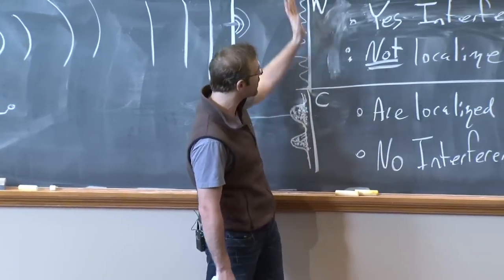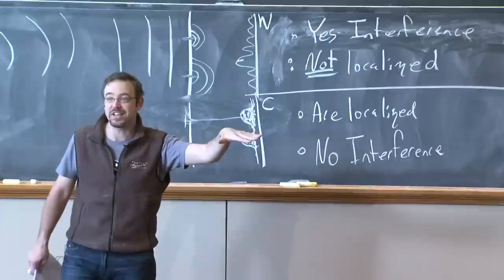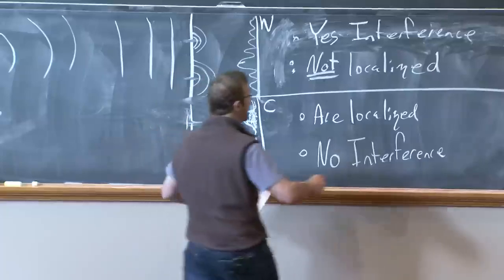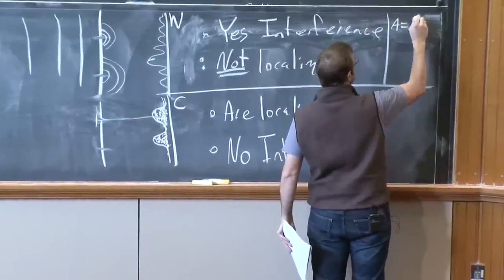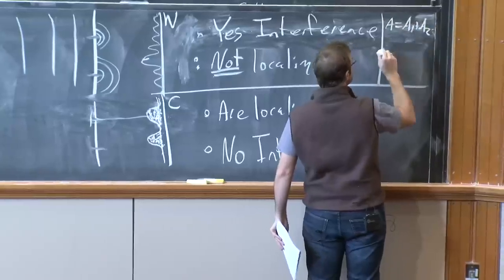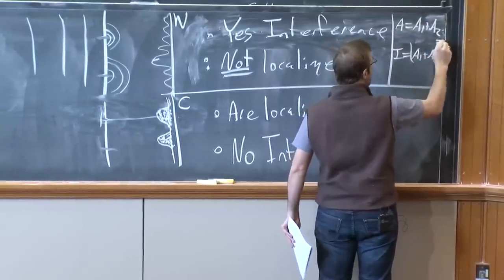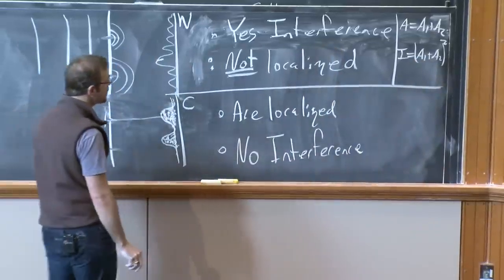It hits the screen over its entire extent, and as a consequence, we get interference. The amplitudes add. The intensity is the square of the amplitude. If the amplitudes add, the total amplitude is equal to A1 plus A2. The intensity, which is the square of (A1 plus A2), has interference terms, the cross terms from this square. Okay.